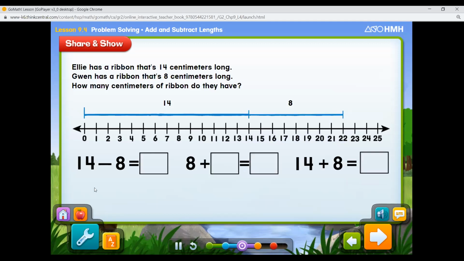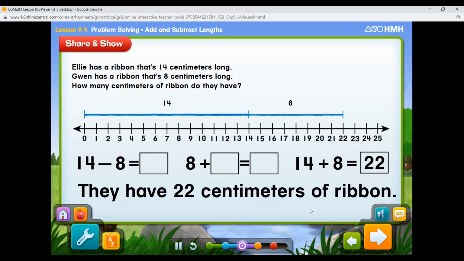Which number sentence shows the problem? Good job! The number sentence 14 plus 8 shows this problem. How many centimeters of ribbon do Ellie and Gwen have? Good job! 14 plus 8 is equal to 22. So Ellie and Gwen have 22 centimeters of ribbon.